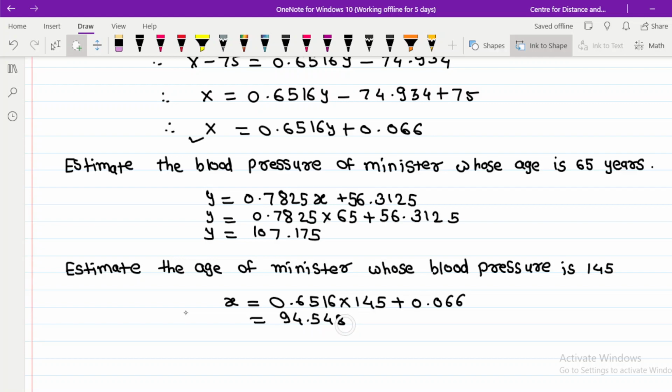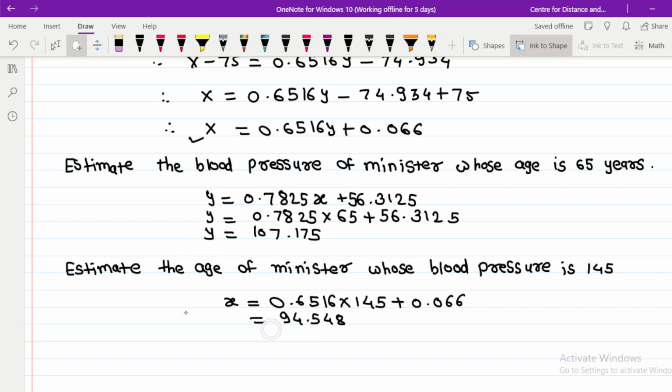Here in the SIM on page number 106 there is a printing mistake. It is typed minus 0.066, but there should be a plus sign, that is plus 0.066. The value of x is 94.548.